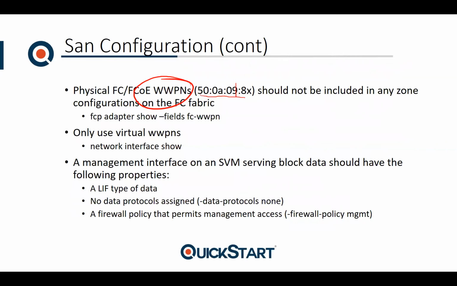What we want to zone for are the WWPNs that are assigned to the LIFs themselves, those data LIFs that we're creating for our SVMs. So if you want to double check, you can always see the physical ones by doing an fcp adapter show type command. And if you want to see the ones that belong to my data LIFs, that's net int show, or if you really wanted to spell it all out, network interface show. But net int show, of course, works just as well, because we're all lazy, which makes life nice.